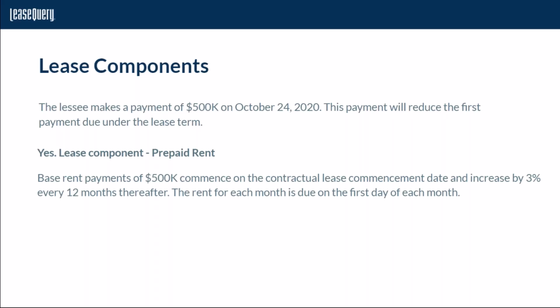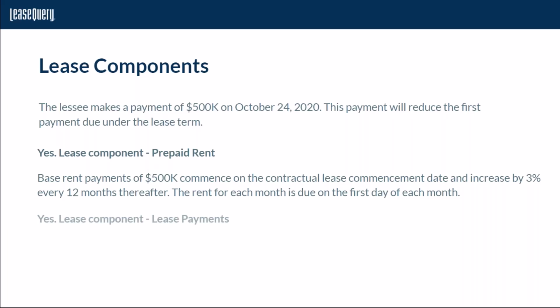Second piece, base rent payments of $500,000 commence on the contractual lease commencement date, and they're going to increase every single 12 months thereafter by a specific percentage. The rent for each month is going to be due on the first day of each month. This is very obvious, right? We are making rent payments for the use of the asset.